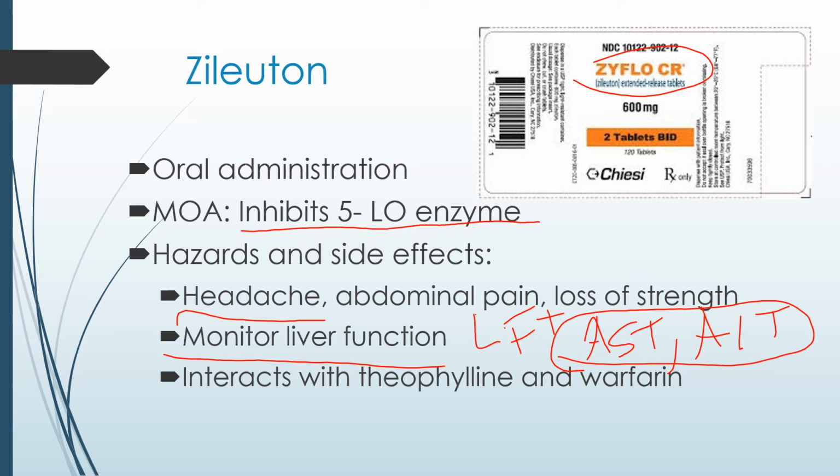It does interact with theophylline and warfarin, especially if they're taking warfarin for like atrial fibrillation, things like that. So it increases the dose needed when we have their poor liver function and can interact with theophylline as well. And it can cause a higher chance of toxicity to the patient. So we do need to monitor their liver function. We do need to monitor these patients when they're on things like Zileuton or Zyflo.